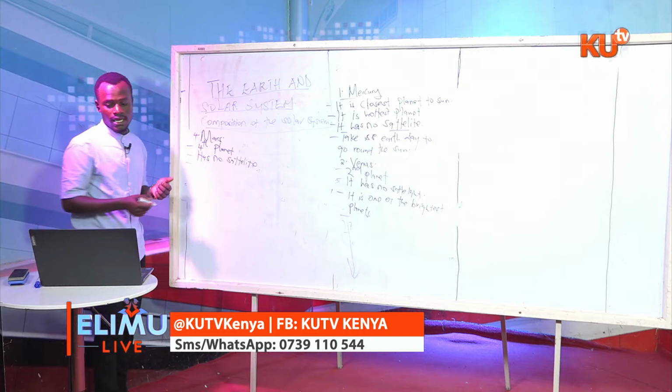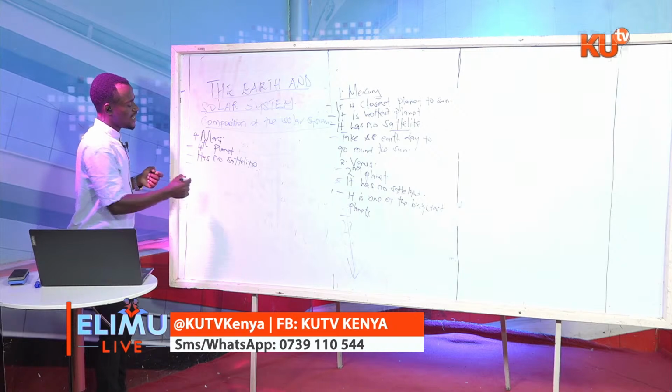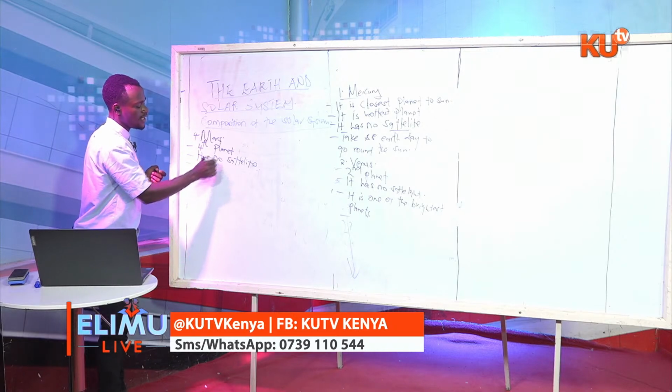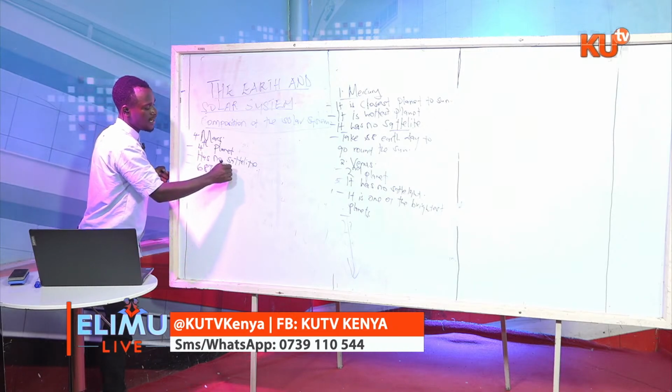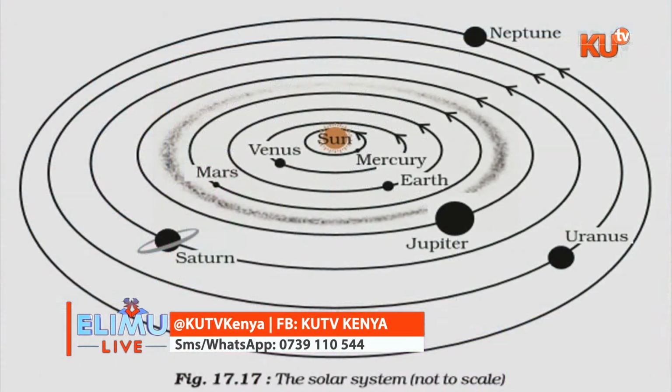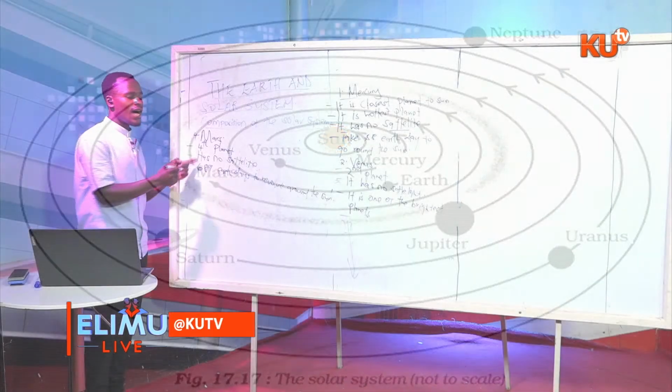It takes 687 Earth days to revolve around the sun.